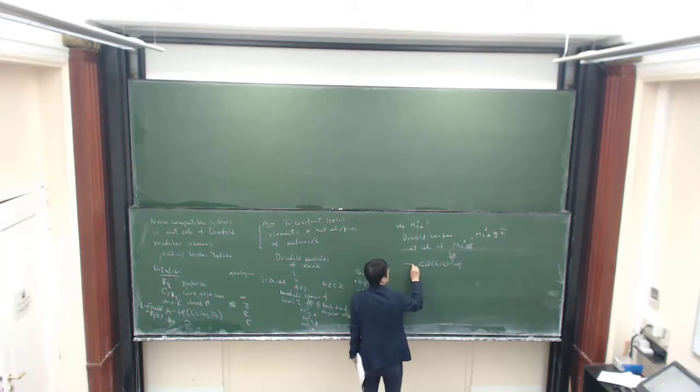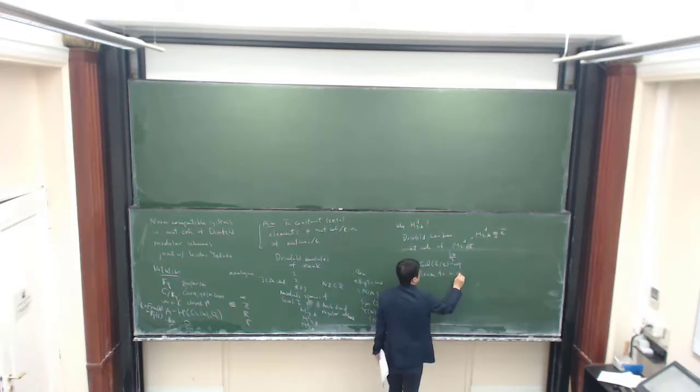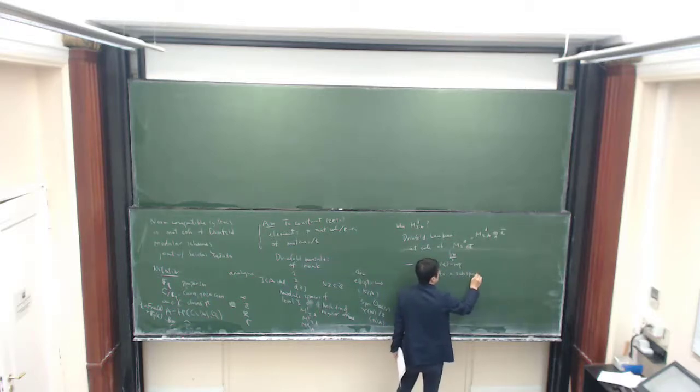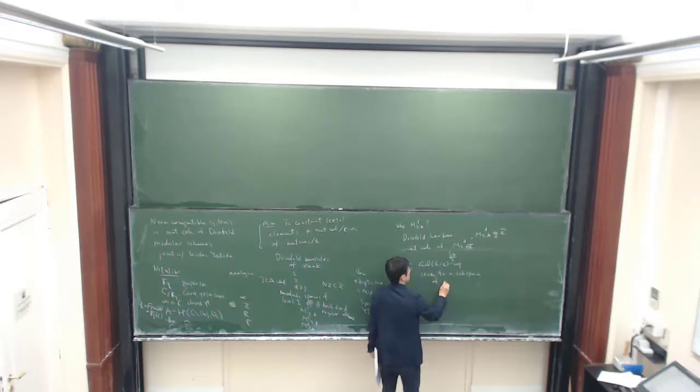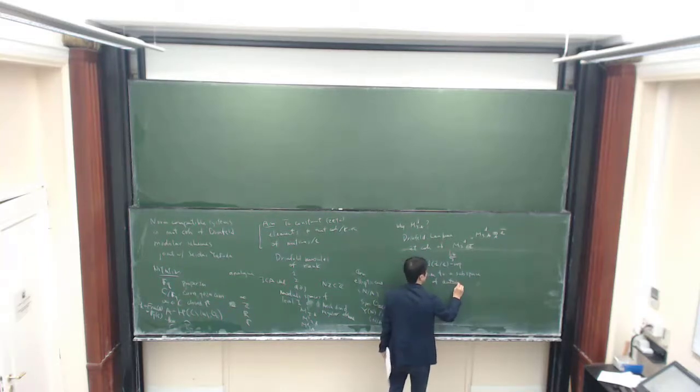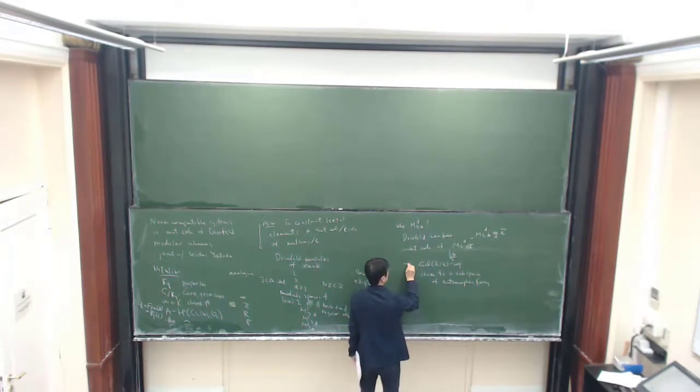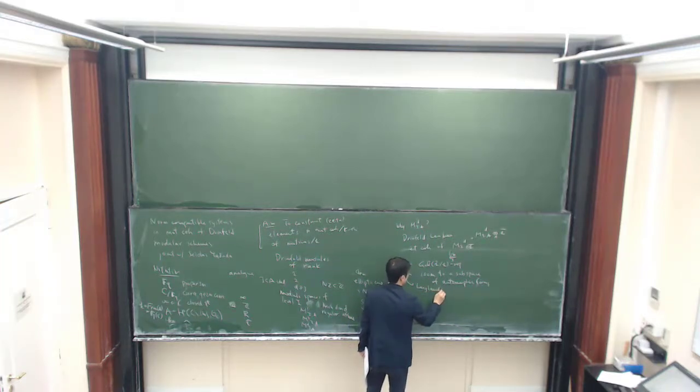You can also identify this space with a certain subspace of automorphic forms, giving the Langlands correspondence.